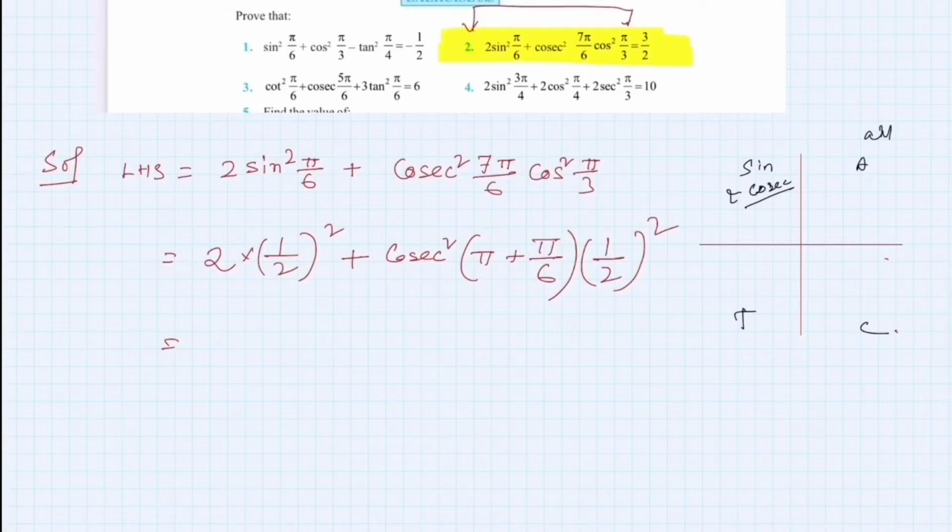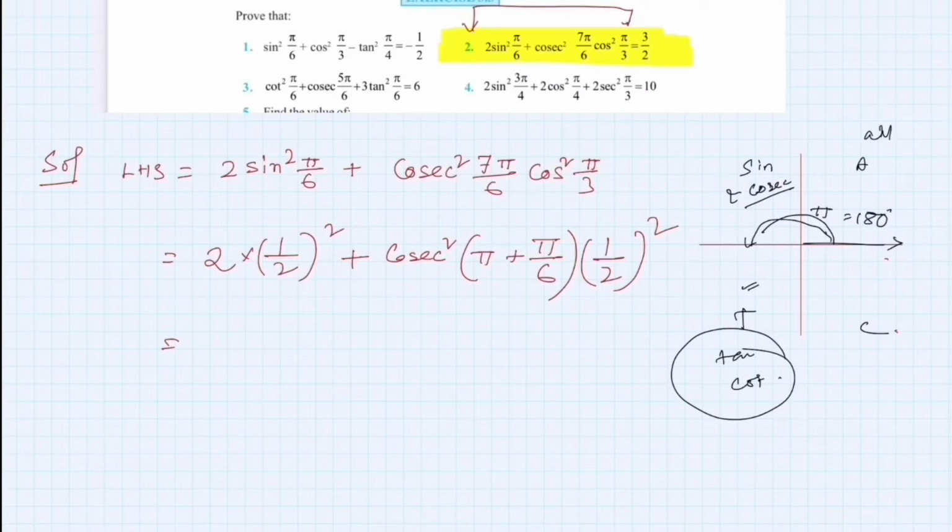And here tan and cot are positive. Other than tan and cot, in the third quadrant all trigonometric ratios are negative. So here you see, from this line to here, this is pi, that is 180 degrees, isn't it? And pi plus something must lie in the third quadrant.